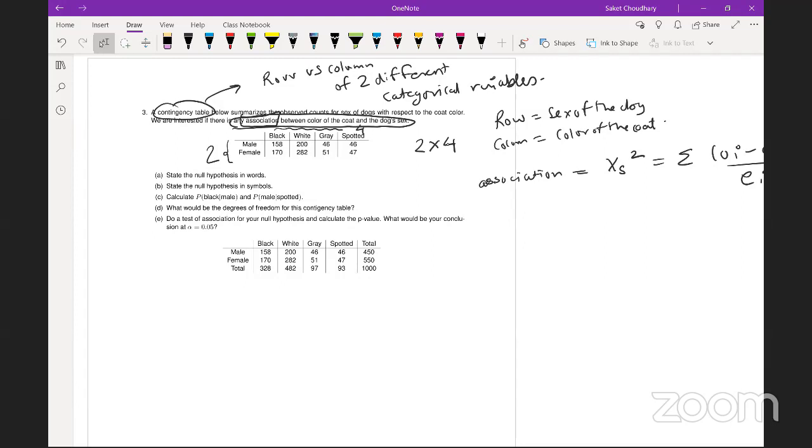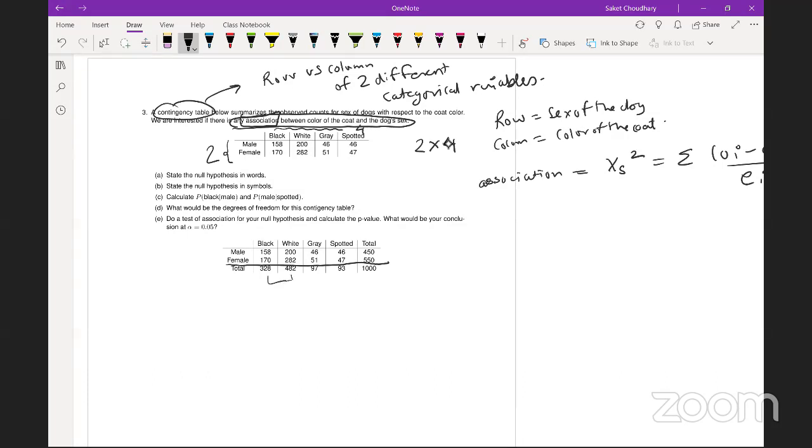Isn't it the row times column divided by total? Perfect. Yes, that's right. So this table is given in an expanded form here. You're given the row sums, which are 450 for males and 550 for females, and similarly, these are the corresponding column sums.